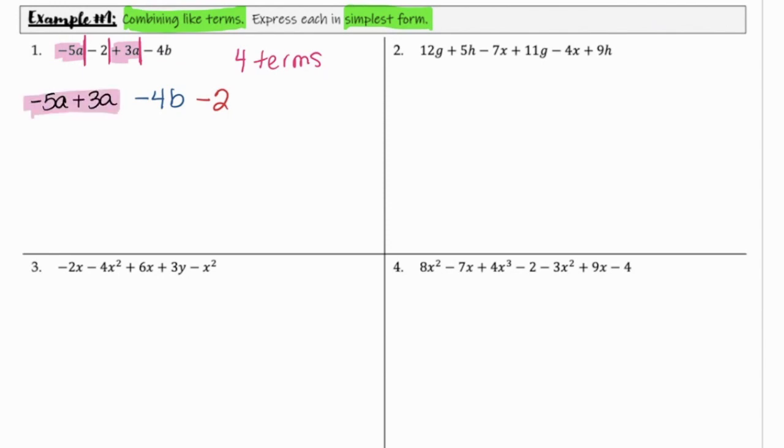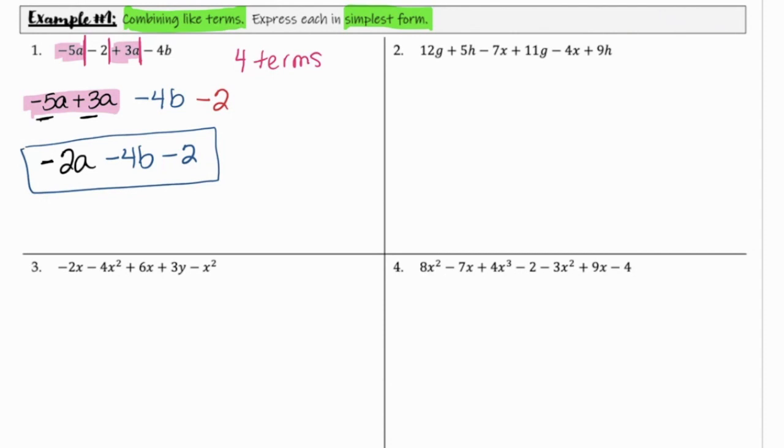If I add these up, I am looking at the coefficient, the negative 5 plus 3, giving me a negative 2, same variable, a. When you're combining like terms, the variable and or exponent that you have stays exactly the same, and everything else is going to be dropped down. So here is my final answer because I cannot combine any further.